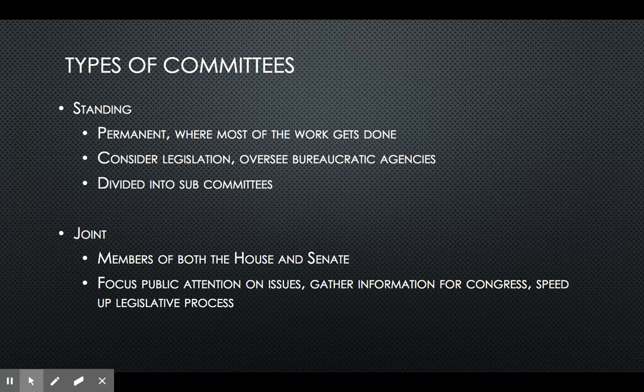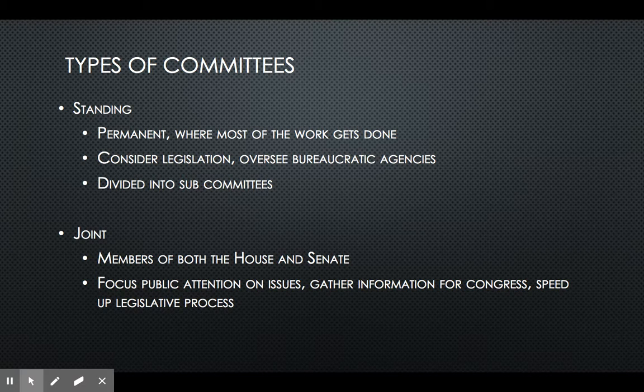and try to flesh out the details in legislation. The next type of committee is a joint committee, and these are also permanent committees. And this is where members of both the House and the Senate are part of the committee. Okay, so joint, you can think of joined, they're working together. They focus public attention on issues, gather information from Congress, and speed up the legislative process.